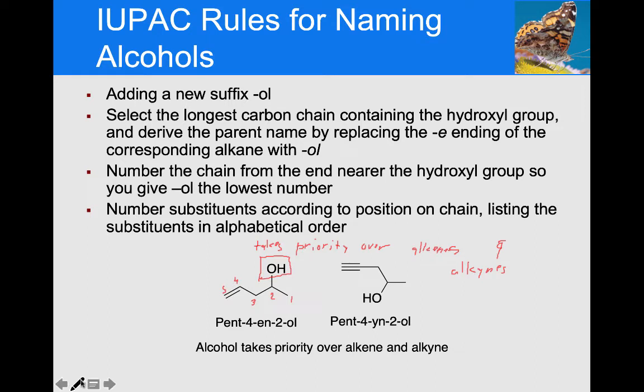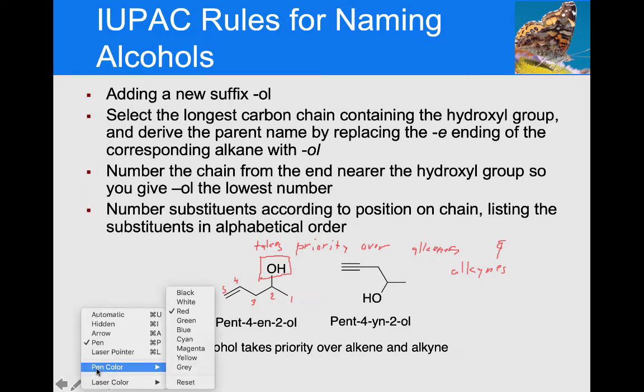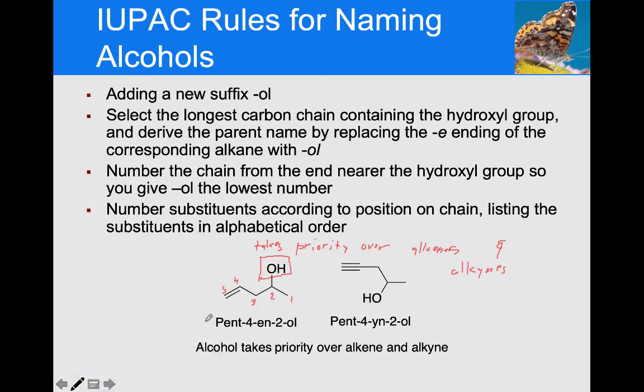Let me see if I can get a different color here. We'll do this blue. I'm not going to number it the blue way. 1, 2, 3, 4, 5. The red numbering is correct because the OH takes priority over the alkene. Okay, so that's what we want to keep in mind.